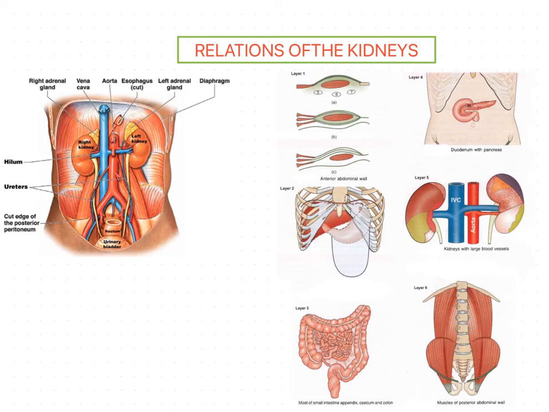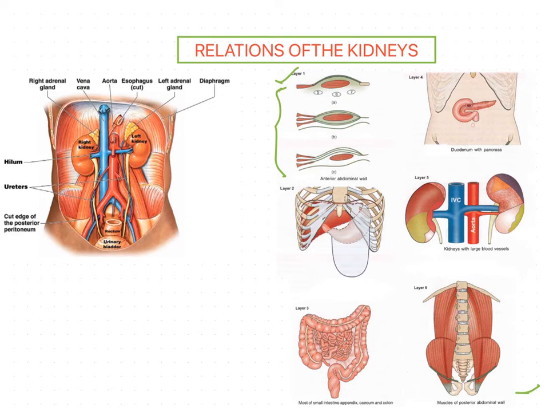The layers of the abdomen are broadly classified into 6 layers for easy understanding, from layer 1, the anterior abdominal wall, to layer 6, the muscles of the posterior abdominal wall. Layer 1 consists of the muscles present on the anterior abdominal wall.